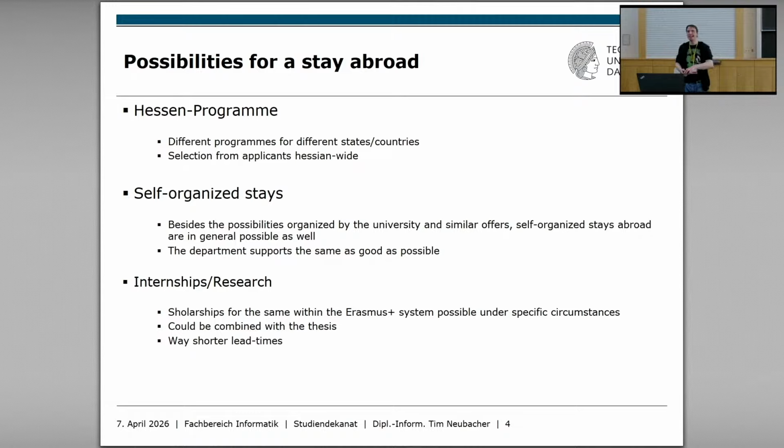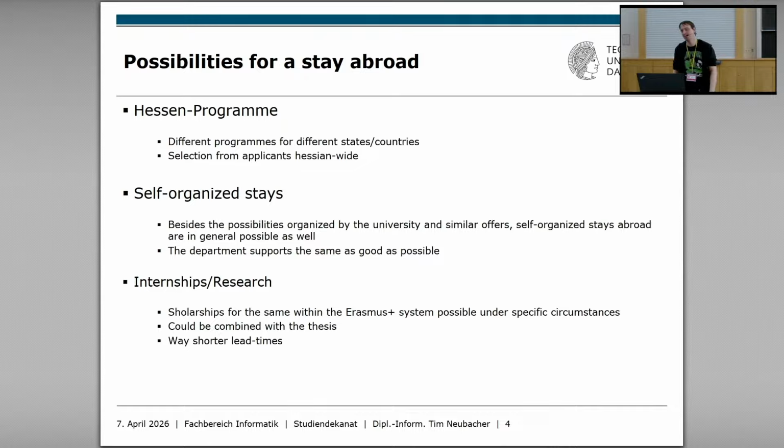That usually is somewhat March to May each year, for a stay abroad in the winter term and the following summer term. So it would be a bit shorter, probably. And in Europe, it can be way shorter sometimes. But it might also be similar. So it really comes down to the university and the country.